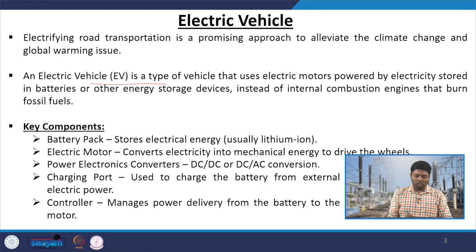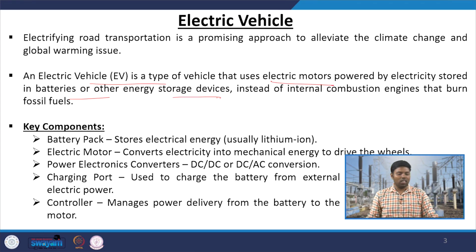It has mostly batteries, electric motors, energy storage devices and an IC engine, or a combination of these, to make an electric vehicle. The key components are, first and major, the battery pack which stores electrical energy, mostly lithium ion based technology.